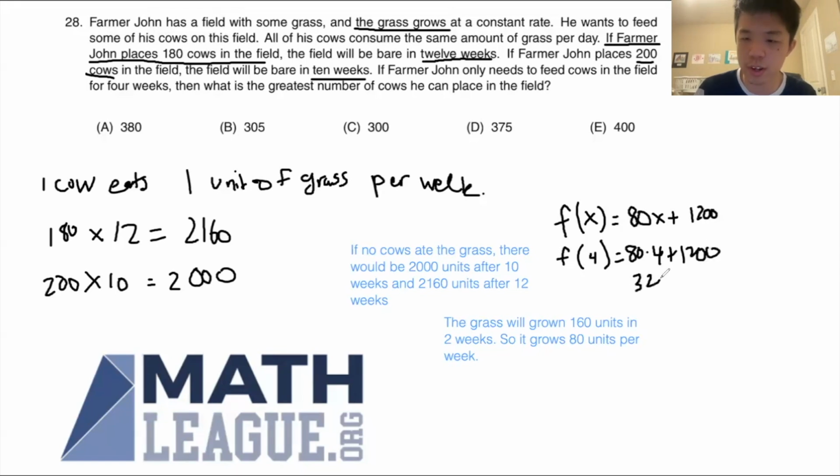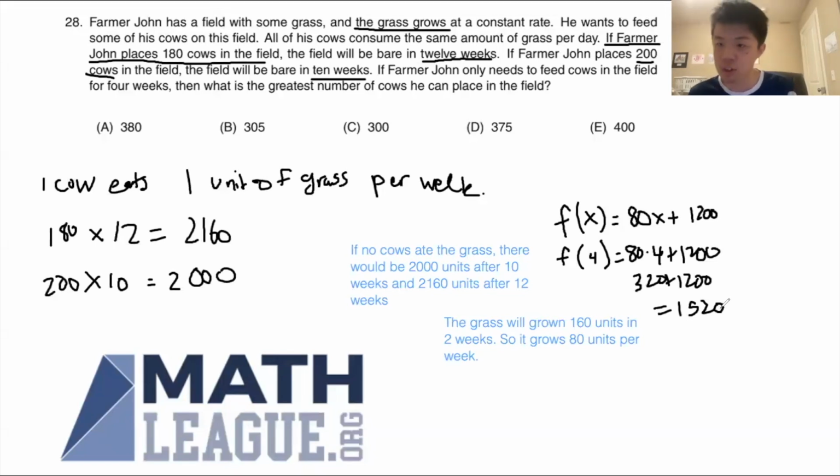This is equal to 320 plus 1,200. This is equal to 1,520. So if no cows were to eat the grass over 4 weeks, there would be 1,520 units of grass.